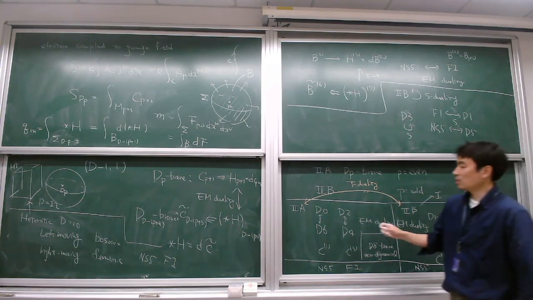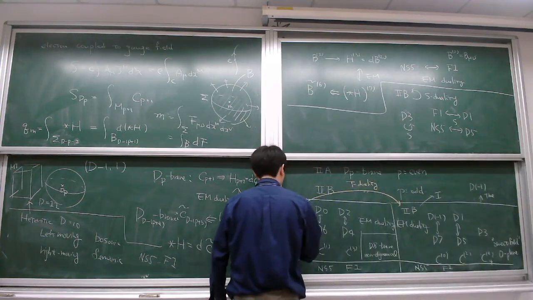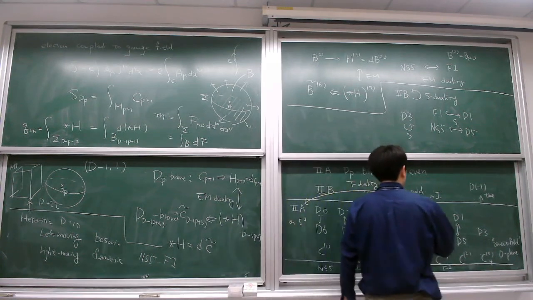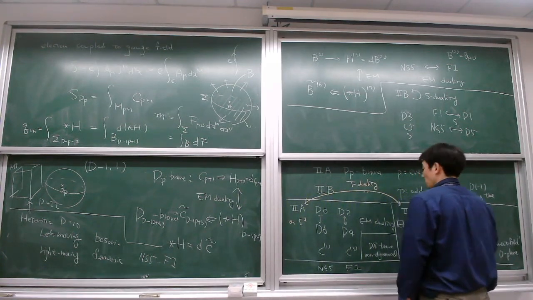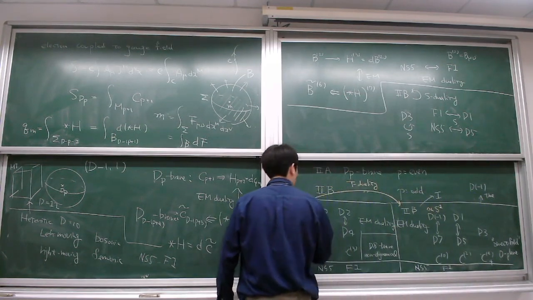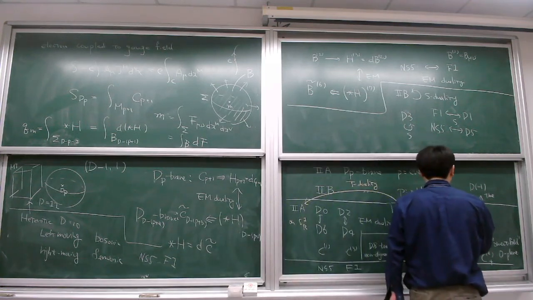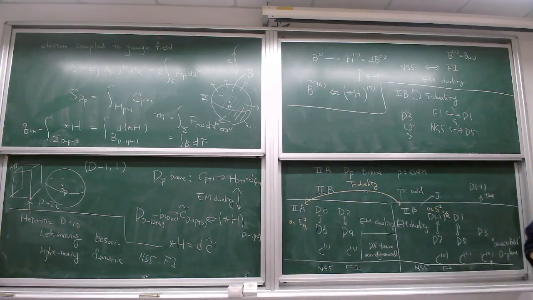We put the type 2 theory on S1 of radius R, and there is the theory on radius 1 over R. The A and B theories are the same once you compactify on S1 with R and S1 with 1 over R.